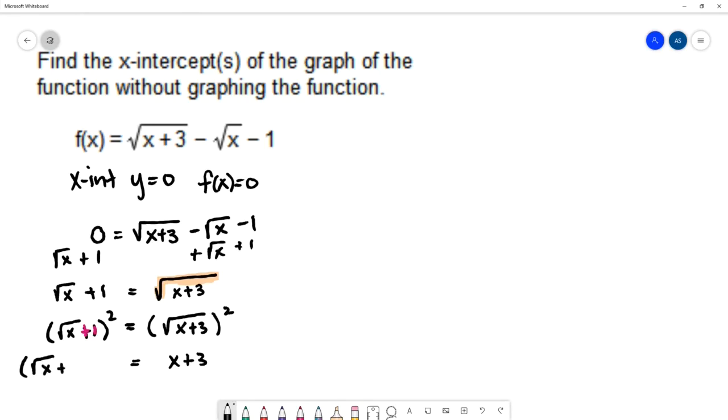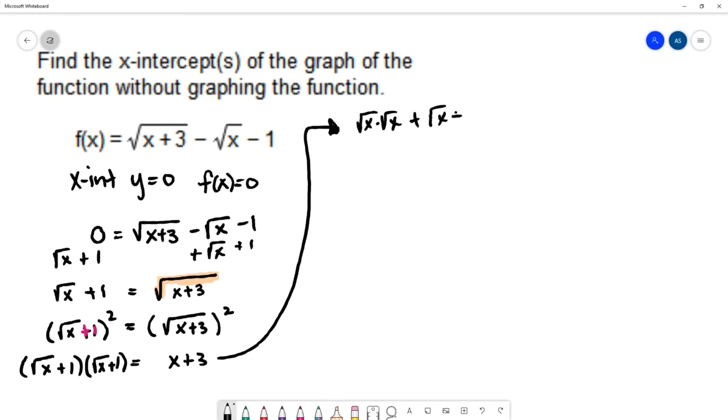Square root of x plus 1 times square root of x plus 1. Let's continue up here. If we multiply that out, we would have square root x times square root x plus square root x plus square root x plus 1 equals x plus 3. Square root x times square root x is square root x squared.